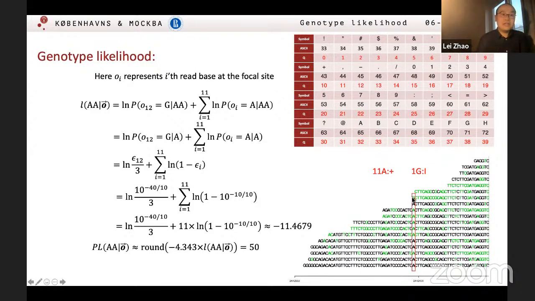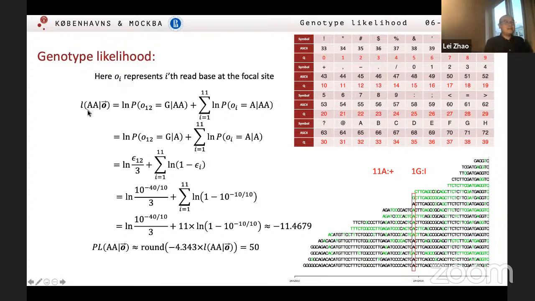And we only got 1 G, but this G got a quality score I. So I, as we mentioned before, has a quality score of 40. So now we know that we got 11 A and 1 G, and I will call all the 11 A observations 1 to 11. And the single G will be observation 12.